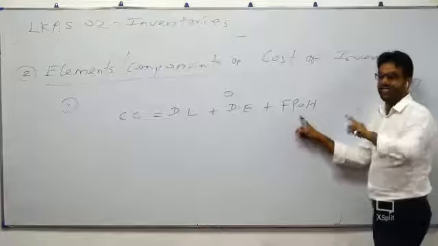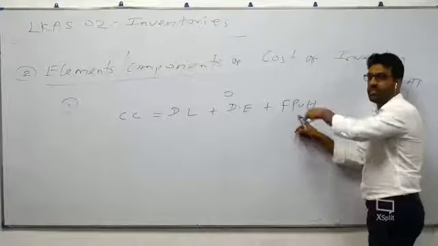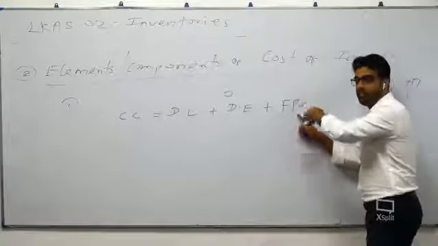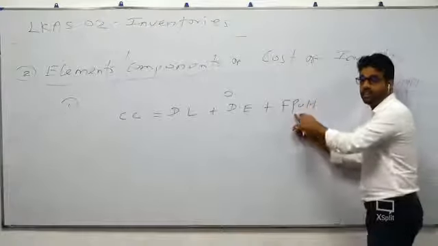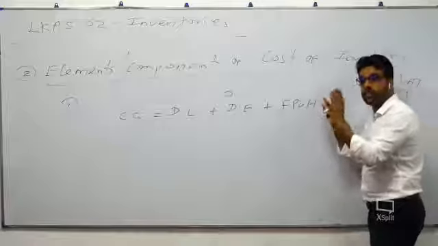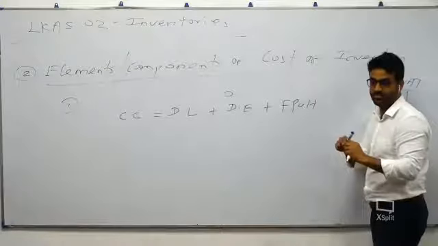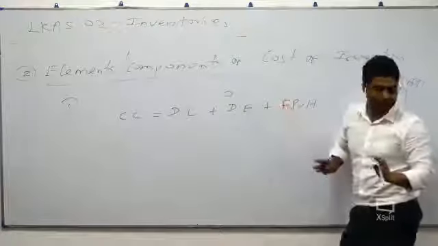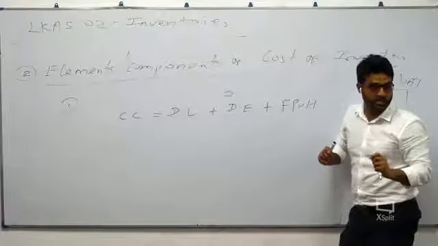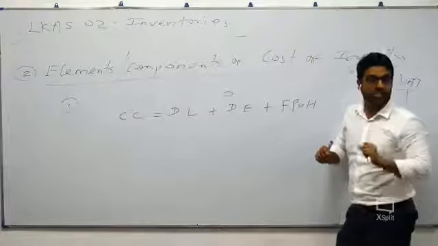In a factory, rent is fixed. Factory manager salary is fixed. Factory supervisor salary is fixed. Factory building depreciation is fixed. So all the factory expenses will come, other than the raw material. So conversion cost means all the factory expenses other than raw material expenses.